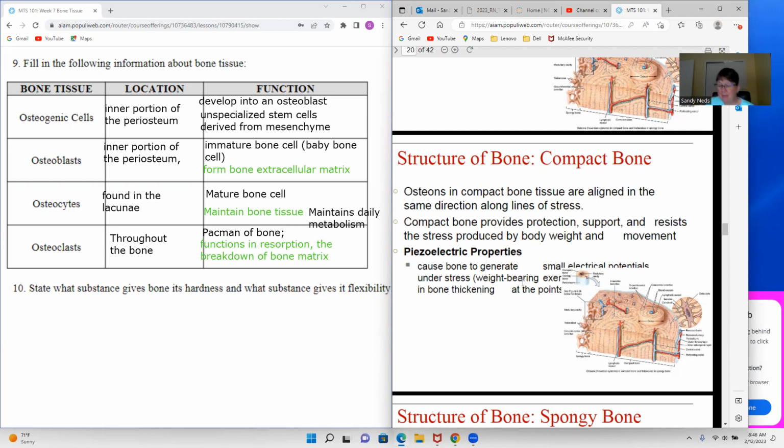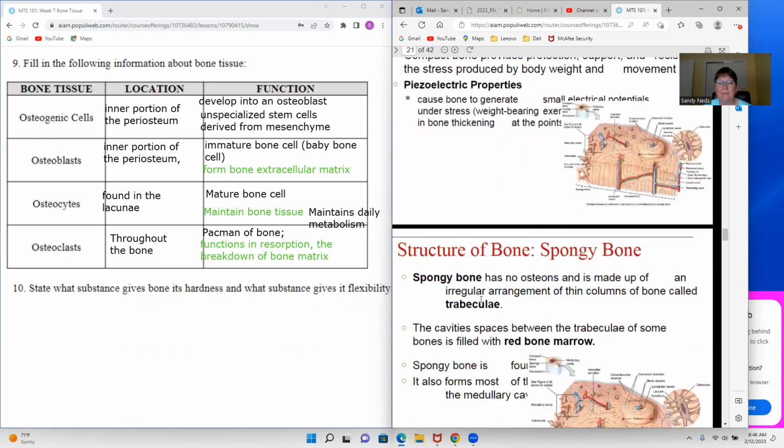So every time I pound my leg on the pavement, I shoot out electrical potentials. And that's what helps to keep my bone healthy and thicken my bone to withstand that stress.